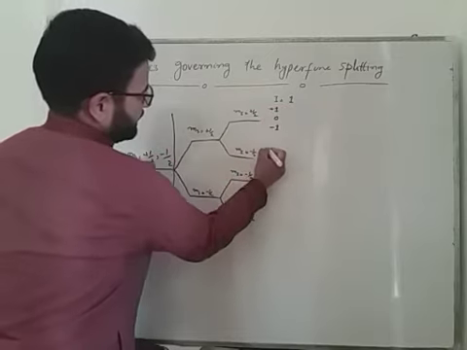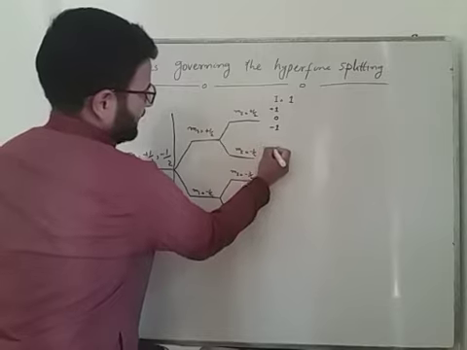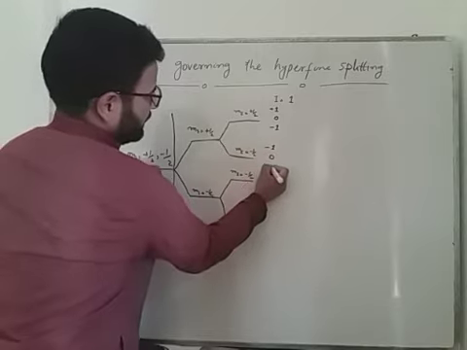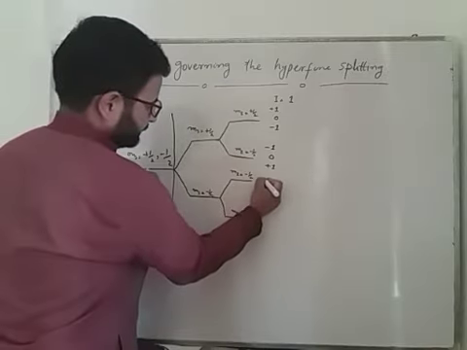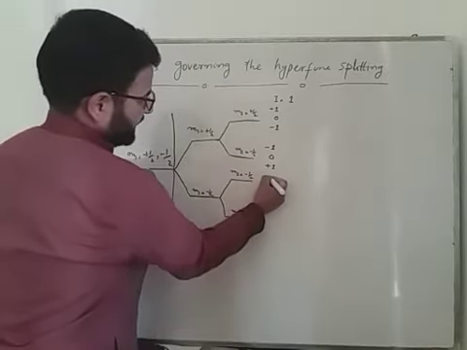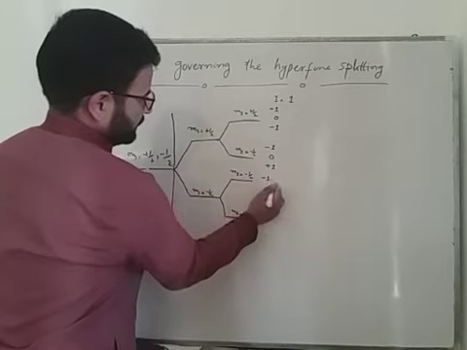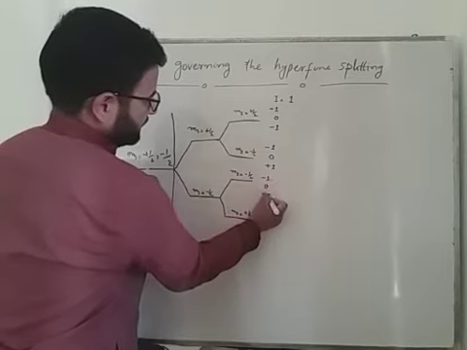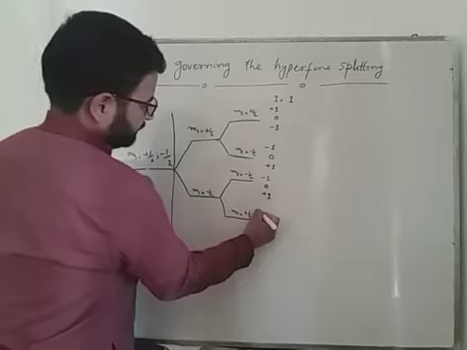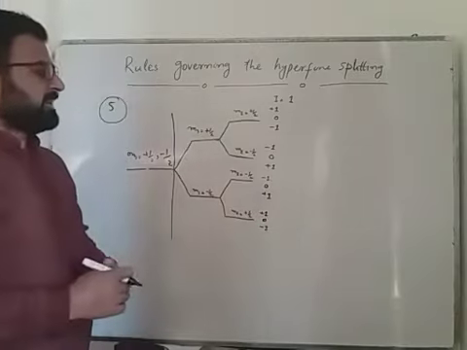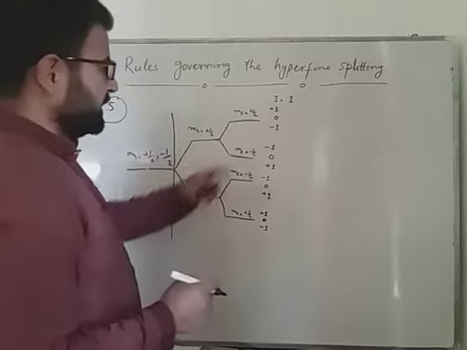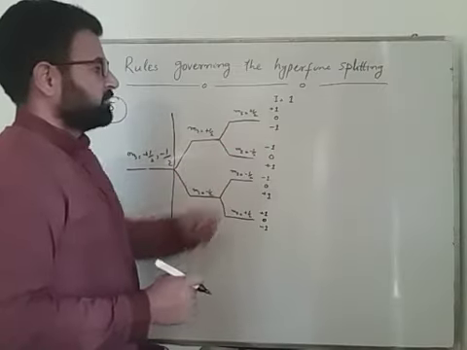Similarly it will be minus 1, 0, plus 1. Likewise it will be minus 1, 0, plus 1, and plus 1, 0, minus 1. Okay, each line will split into three lines, three levels. Each level will split into three levels.